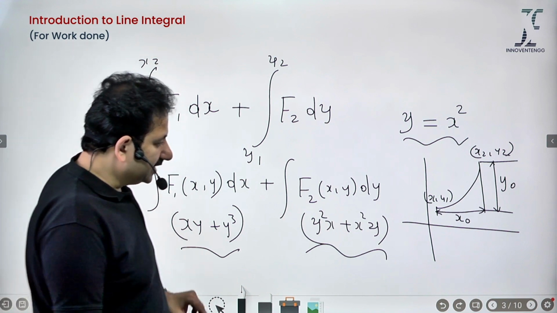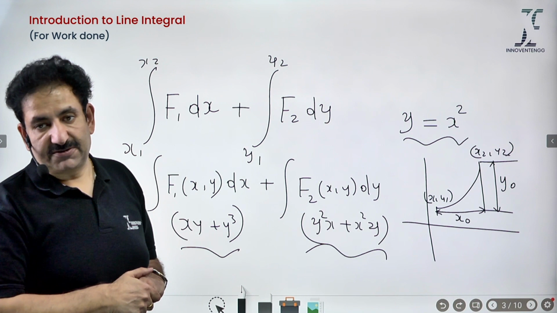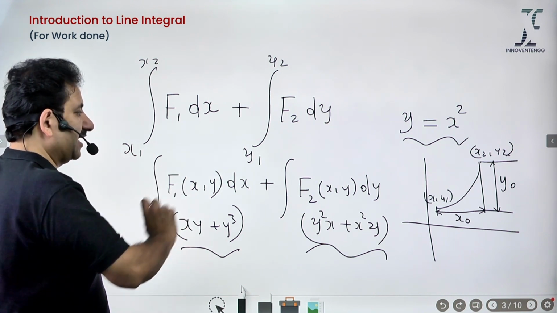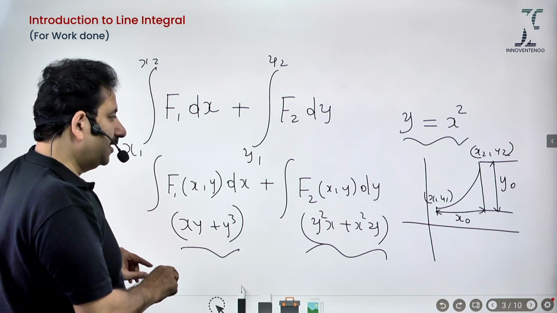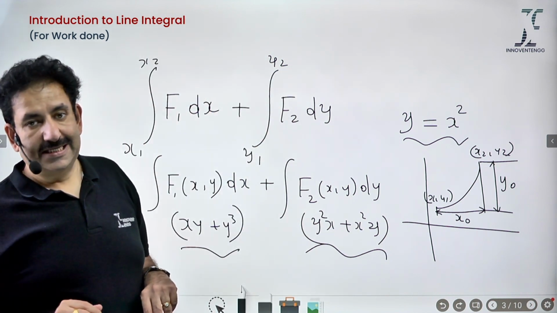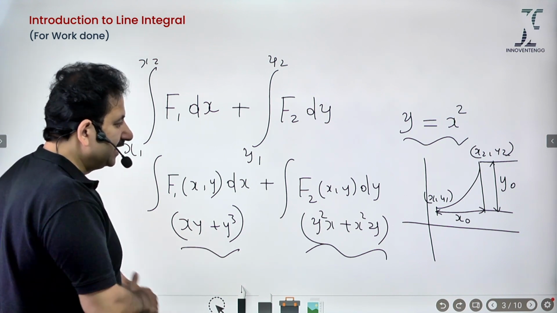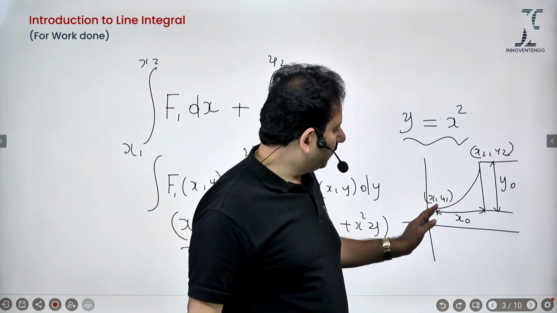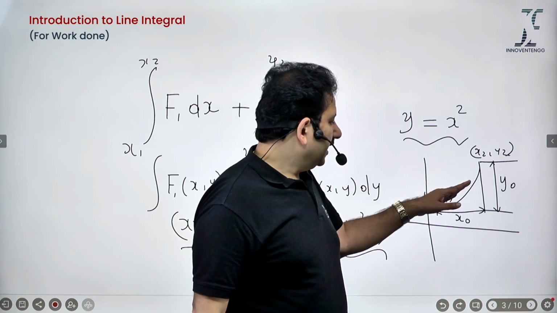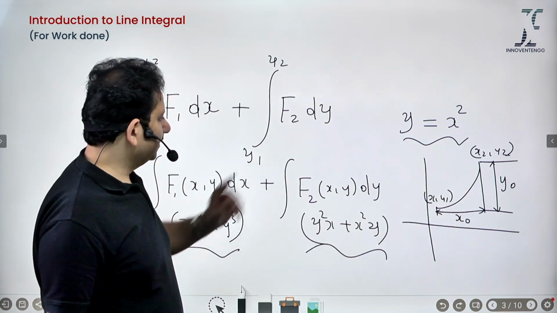But since the displacement is along a parabola, I just supposed it to be y equal to x square as an example. Then what happens? My force definitions along this curve change, because my force value depends on the coordinates of the curve on which you are displacing. It depends on the coordinates, because it's a variable force defined in terms of x and y. Since you are moving along this particular path, at every point there must be a component of the force that can be split along x and along y, and that is where these integrals get defined.